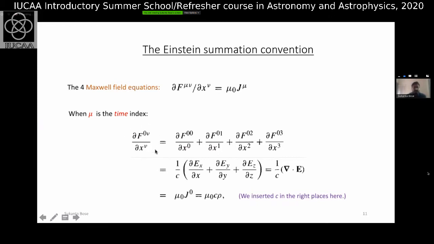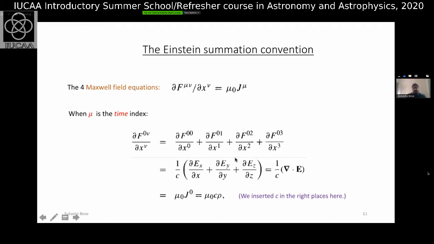So this is called the Einstein summation convention, which means that when an index is repeated, okay, in the superscript and the subscript, then it is implicit that there is actually a summation. Okay, imagine there is a sigma here, where the summation is from nu equal to 0 to nu equal to 3. And when you explicitly write out that sum, you get this expression.